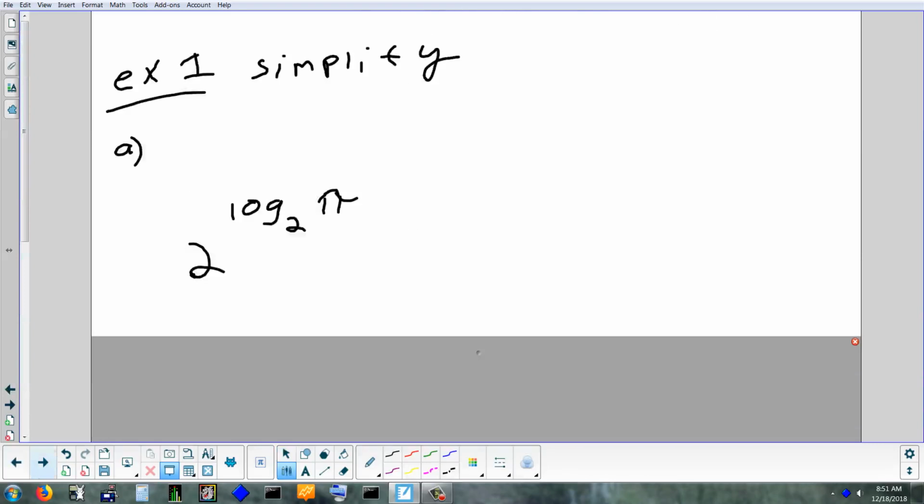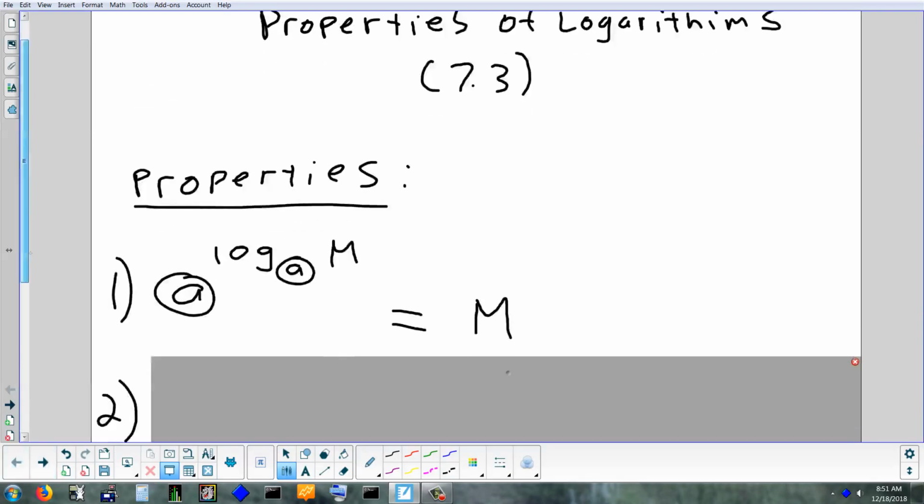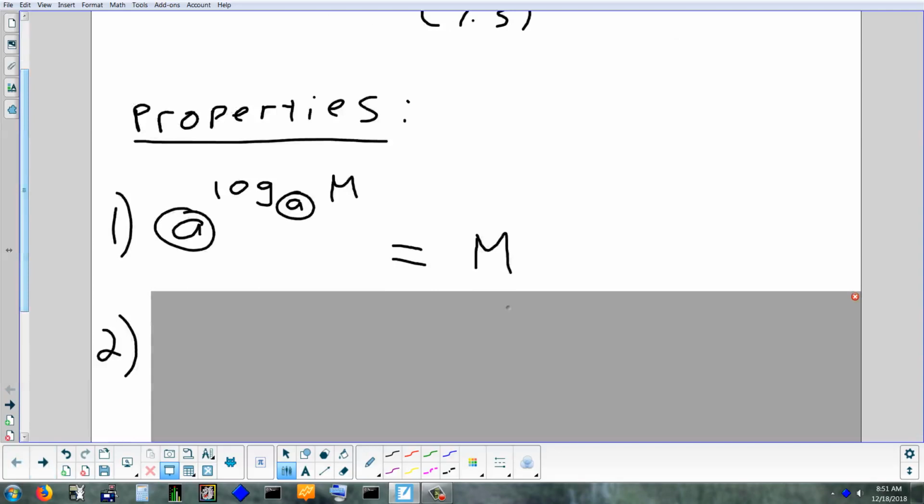That's a very quick problem to simplify because these numbers match. What ends up happening if those numbers match, don't write this part in your notes, is it's almost like these two things just disappear. They cancel each other out, and the answer is whatever is sitting right there.